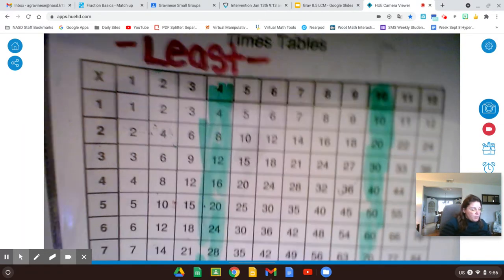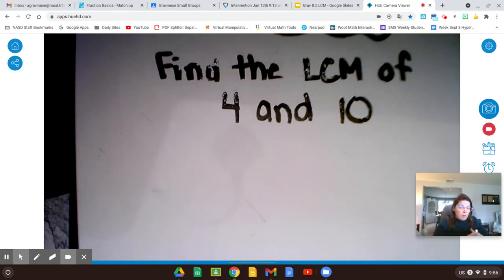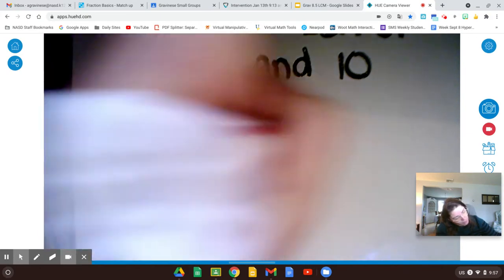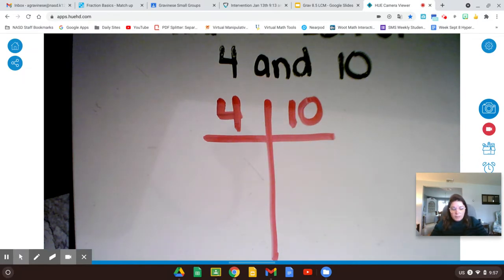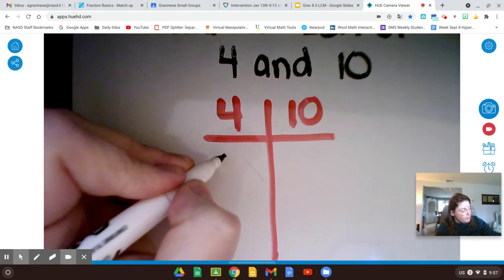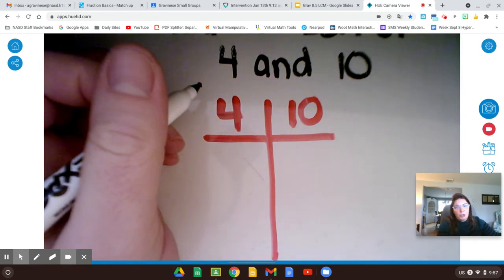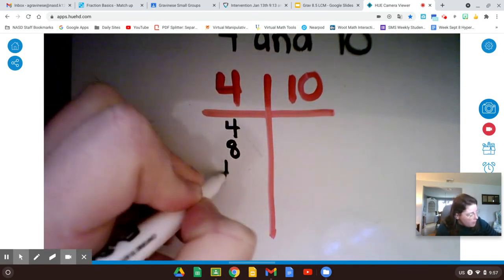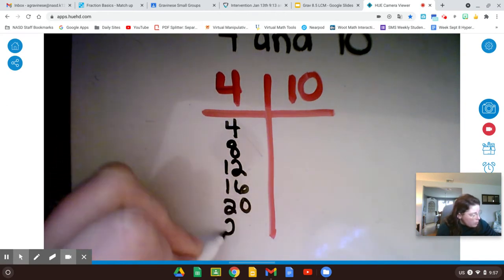All right. So let's check and see if you found the least common multiple. We'll check it with a T-chart. I have 4 and 10. And I want to list the multiples, or skip count, by 4 and 10. Now I'm going to just do a few at a time. I'm not going to go crazy and make a huge long list. 4, 8, 12, 16, 20, 24.